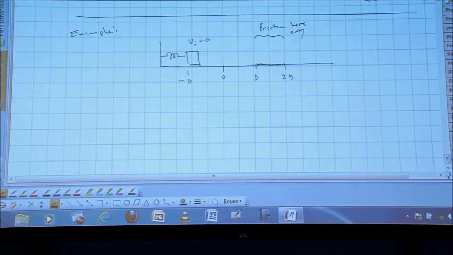Let's just have it go up a ramp now. And at some point it stops. And we want to know how high it is on the ramp there.